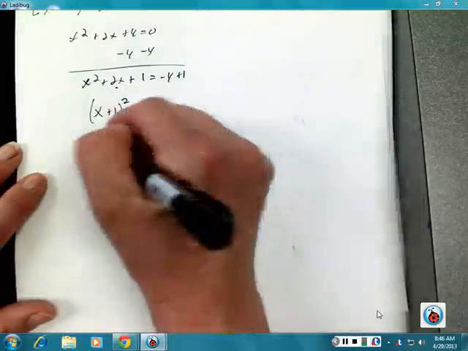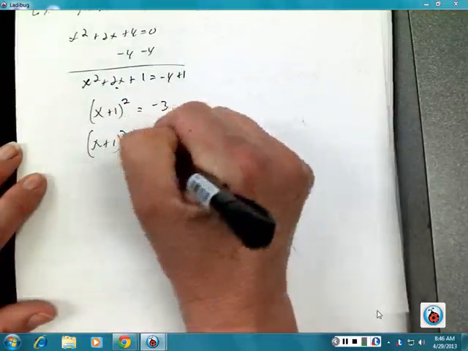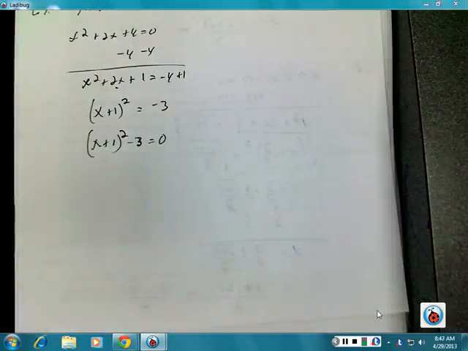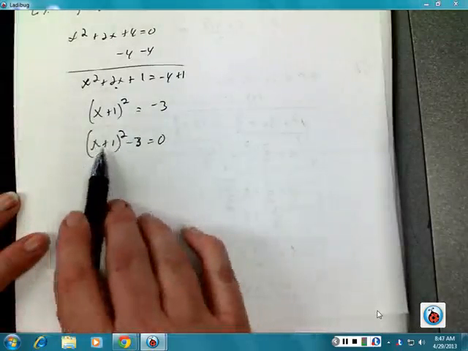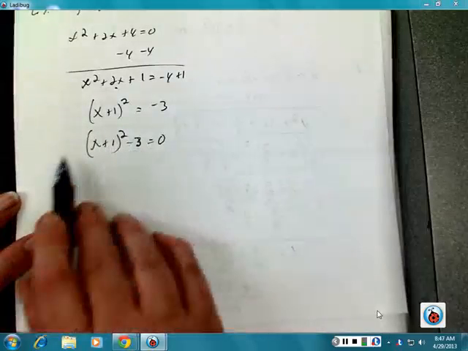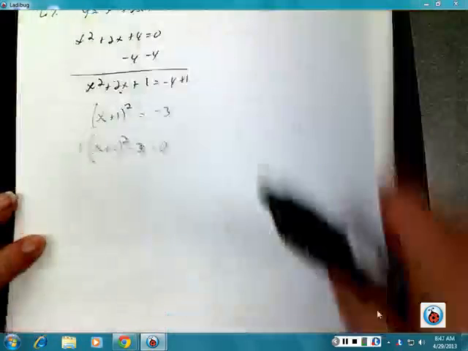Move that back over. And now I have it in that correct format, so I can see what it looks like. So I've got my h, which is the opposite. I've got my k, and my a is good old 1 out in front.